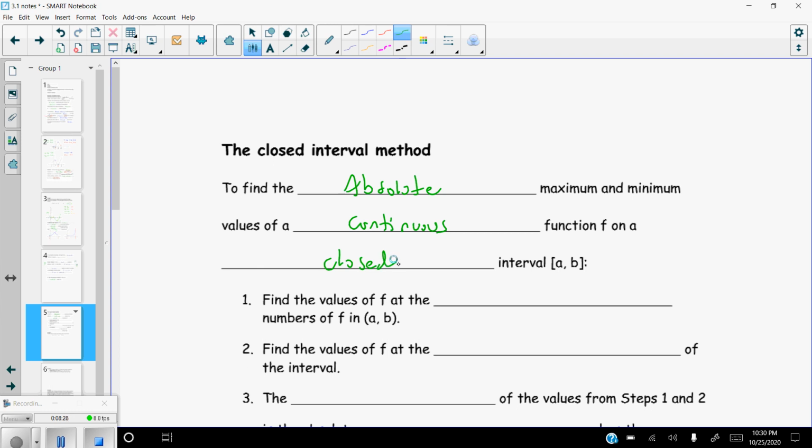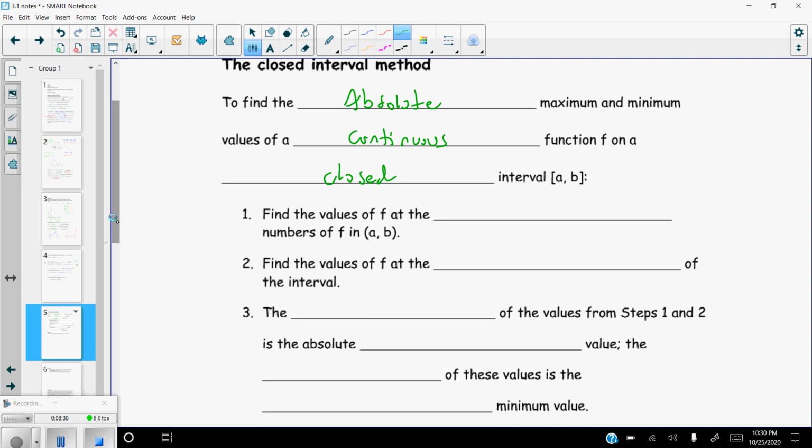You're going to do these following things. You're going to find the critical values. Find the values of f at the critical values. Then you're going to find the values at the endpoints.